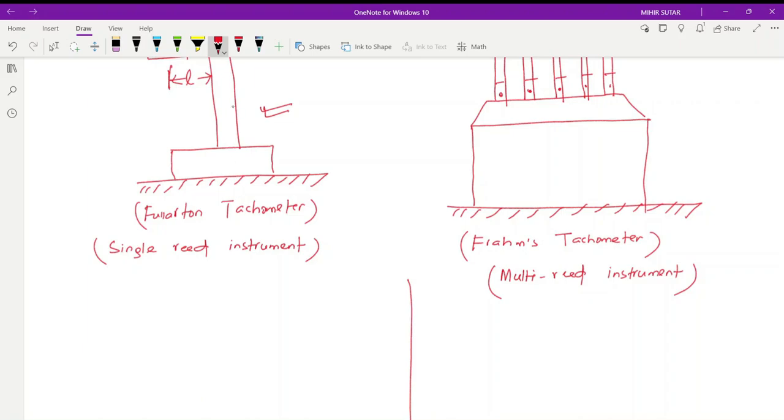This is the cantilever strip carrying a mass at one end, whose natural frequency is known as a function of the length of the strip.